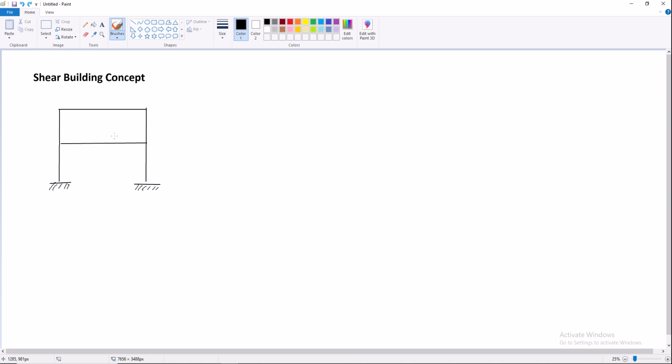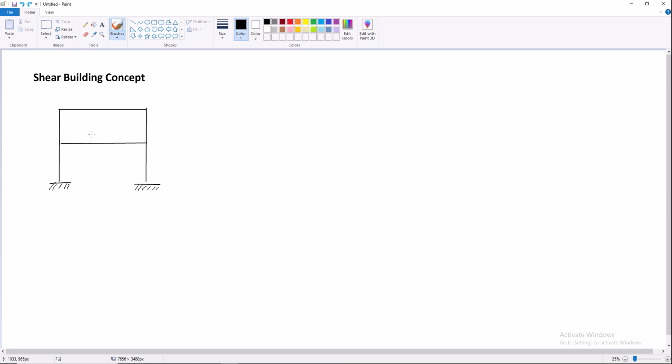The total mass at each floor level is concentrated at one lumped mass, at the floor level itself, instead of any distributed mass. Whatever the load is on the floor, that should be concentrated at each floor level.